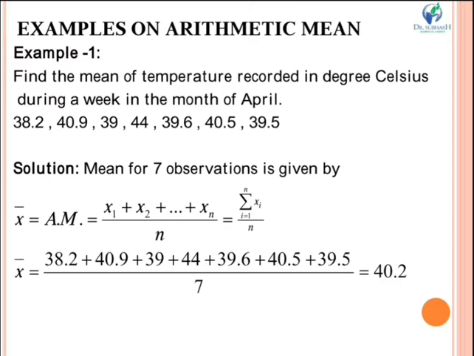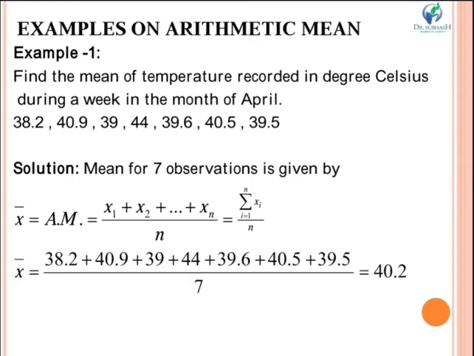First example is: find the mean of temperature recorded in degrees Celsius during a week in the month of April. The given values are 38.2, 40.9, 39, 44, 39.6, 40.5 and 39.5.